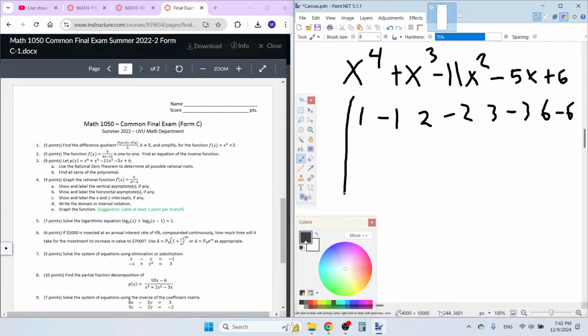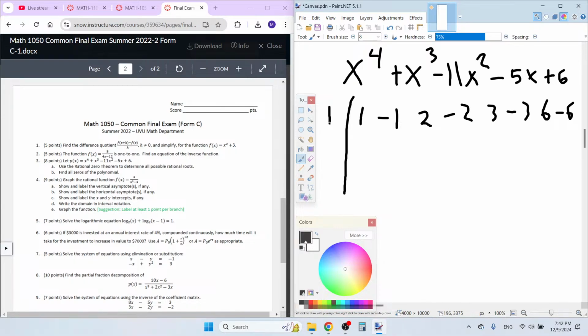And we take all of the factors of our leading coefficient, which is just 1, and we take each of these factors of our constant and divide it by each of the factors of our leading coefficient.